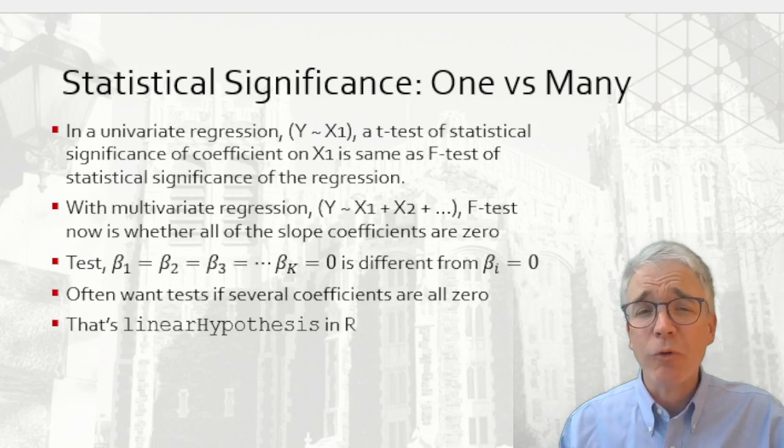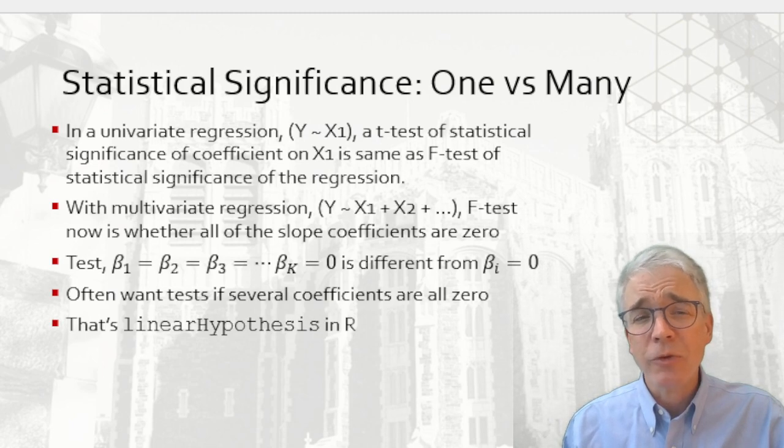So often we want to form tests about whether a group of beta coefficients are all equal to 0. It's different than testing if they're one at a time different. For instance, if we have a bunch of dummy variables for education, we might want to test whether education overall is useful in prediction, not necessarily whether one of those education coefficients is different. So that can be done with the linear hypothesis package in R.